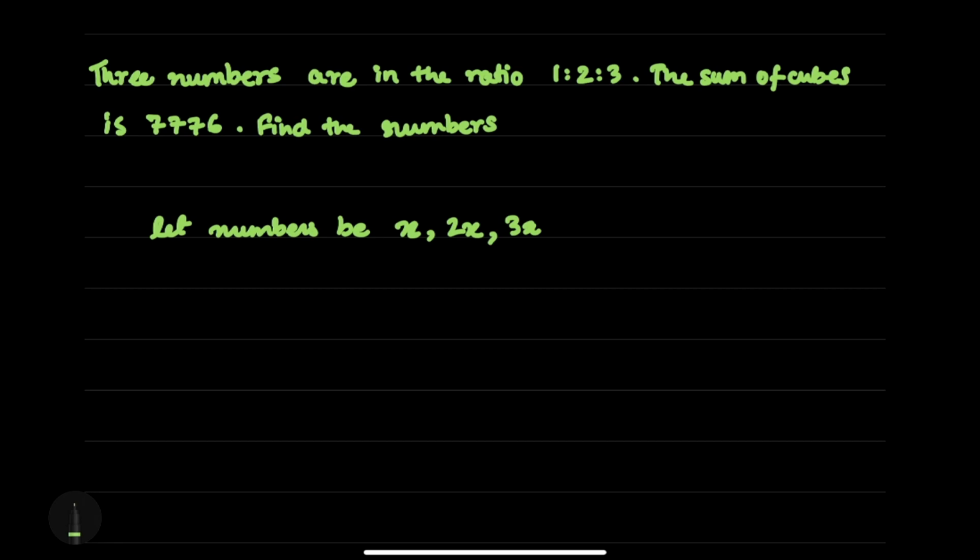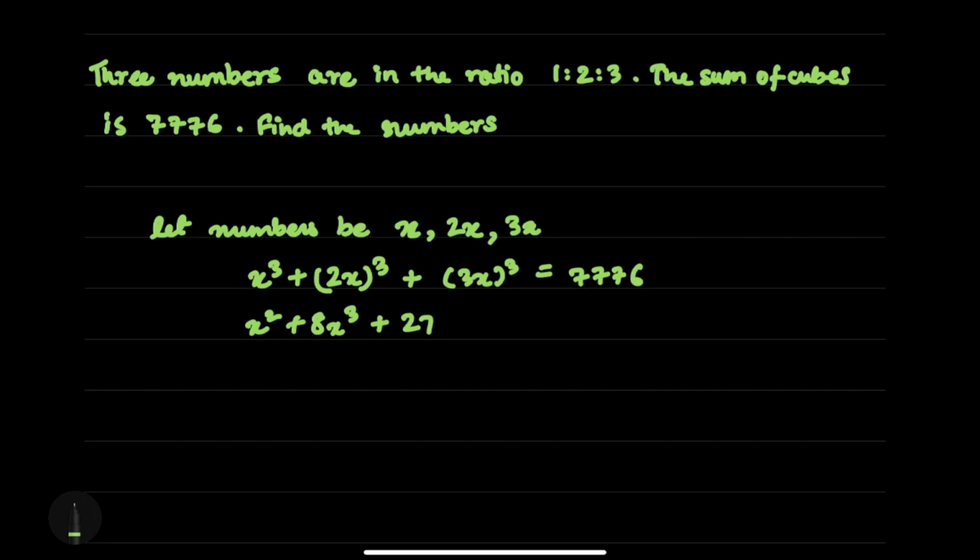And then we know that the cube of these numbers can be summed up to 7,776. So we'll write it as x cube plus 2x whole cube plus 3x whole cube is equal to 7776. So x cube plus, we'll open the brackets, 8x cube plus 27x cube is equal to 7776. We'll have 36x cube when we add them, equal to 7776.